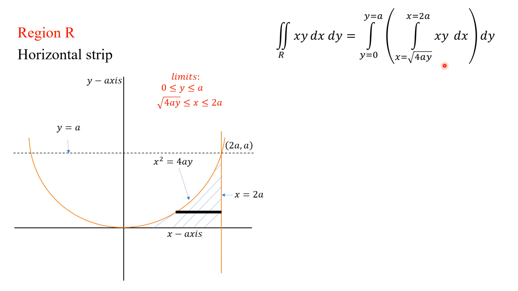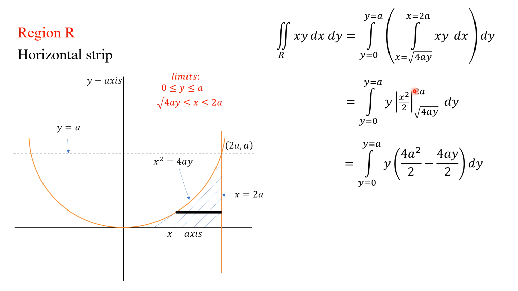Therefore, we will first integrate with respect to x and then with respect to y. While integrating with respect to x, we have to treat y as a constant. So we get x square upon 2 within the limits under root 4ay to 2a, which is equal to this term. Now we integrate this with respect to y.